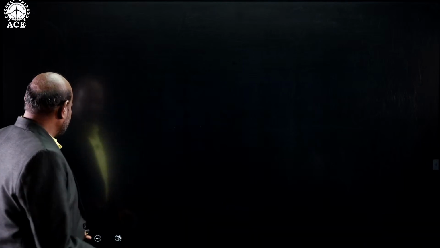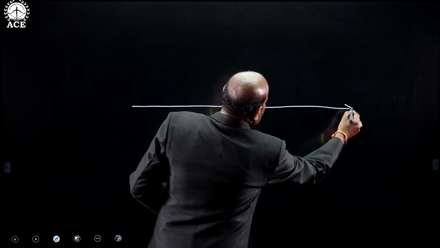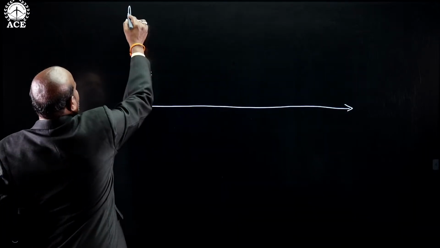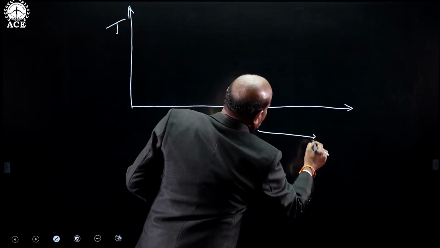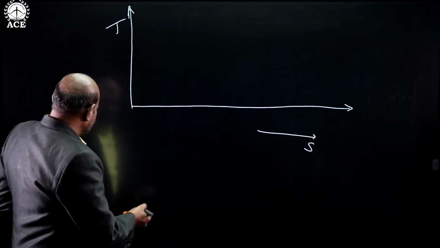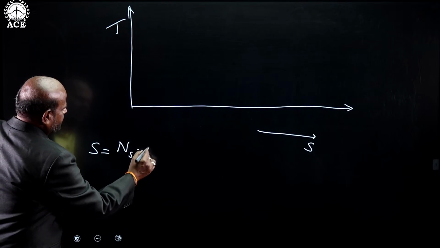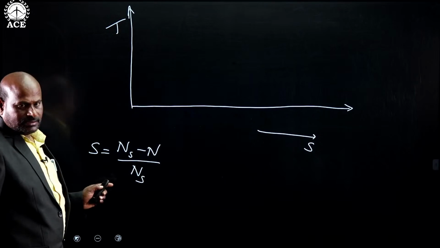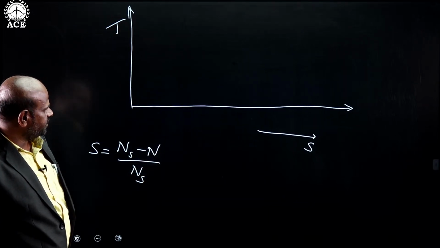Now draw the characteristics taking the x-axis as slip and the y-axis as torque. We know that slip is nothing but (ns minus n) by ns, the relative speed between synchronous speed and motor speed to the synchronous speed.